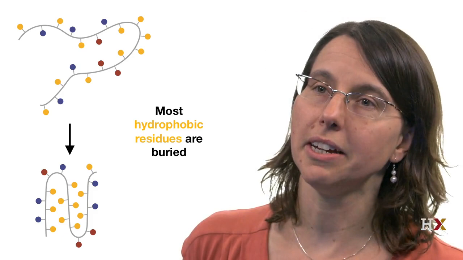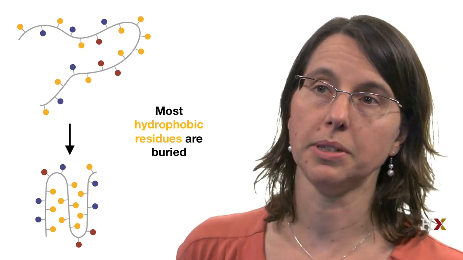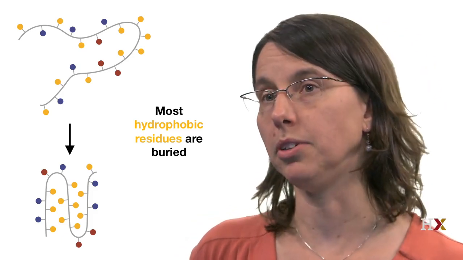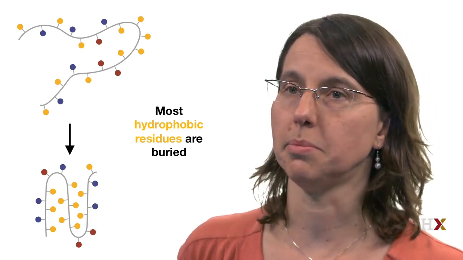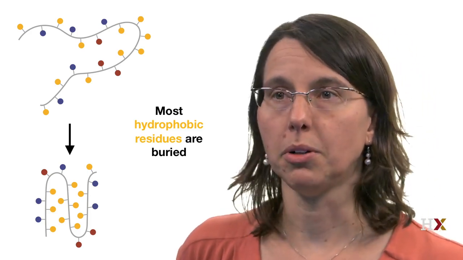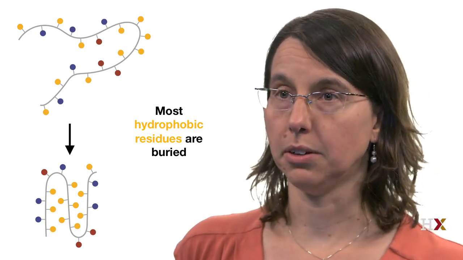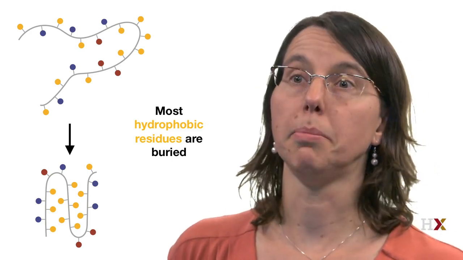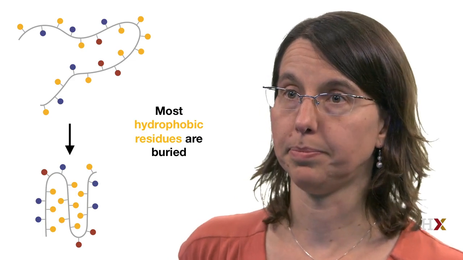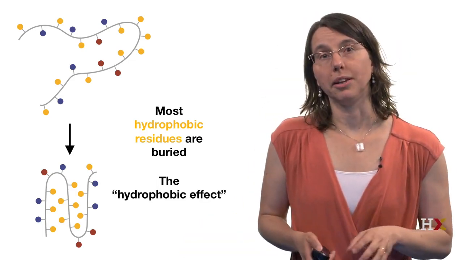So there's a great increase in the conformational entropy of water upon protein folding, and actually of the whole system. So there's a favorable gain in entropy in the system by releasing water molecules from hydrophobic surfaces when you bury them in the hydrophobic core. And this is called the hydrophobic effect.